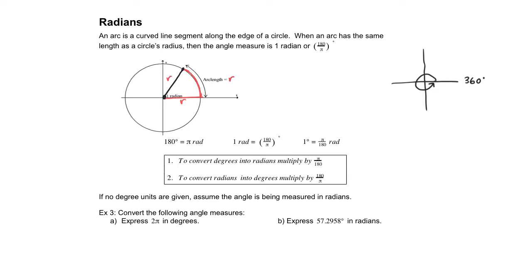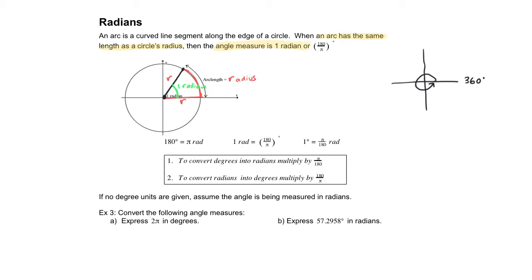The measurement that we create in here is 1 radian. So that idea of a radian is that when an arc has the same length as the circle's radius, then the angle measure is 1 radian.